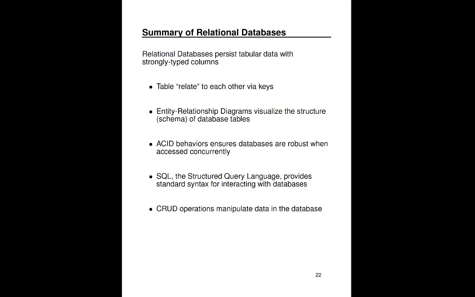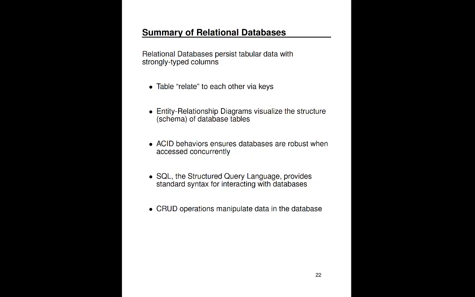And then when it comes to working with databases themselves, the ACID properties of transactions are important to keep in mind as you're doing more and more complex work with your database. What ACID guarantees is that the operations that are performed on the database are robust, especially when you have multiple operations happening at the same time. We saw a bunch of syntax for SQL, which is the structured query language, which is the standard programming language for relational databases.